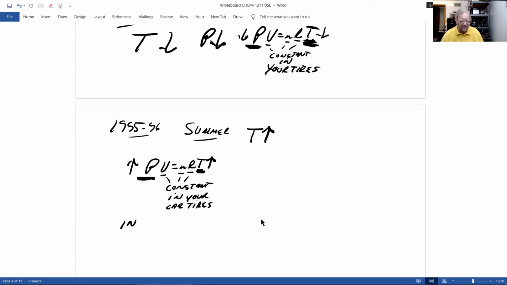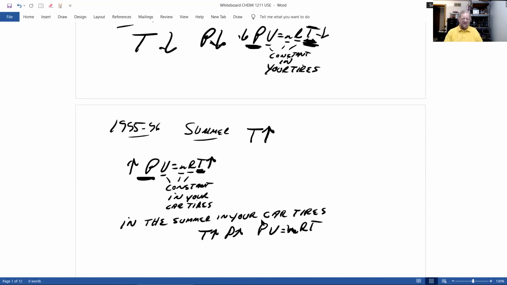So in the summer, the temperature goes up, and the pressure in your tires will go up. Why? PV equals nRT, the ideal gas law.